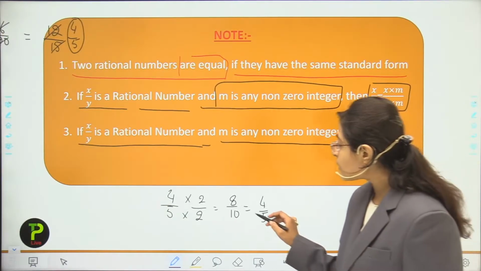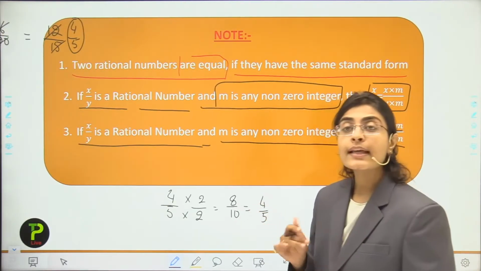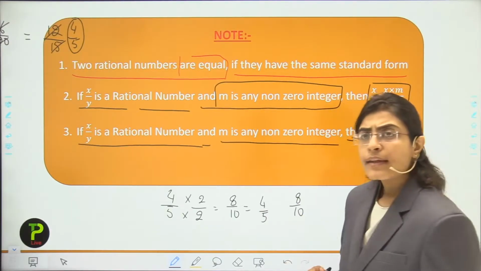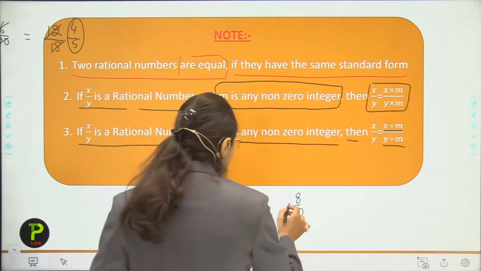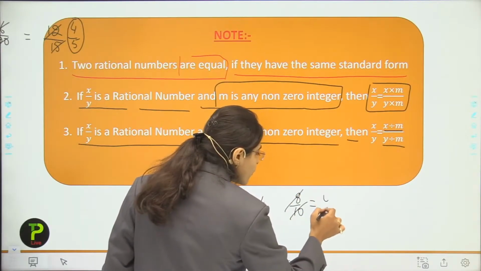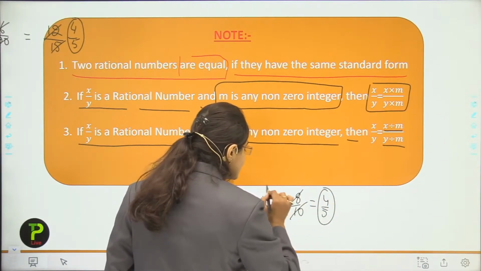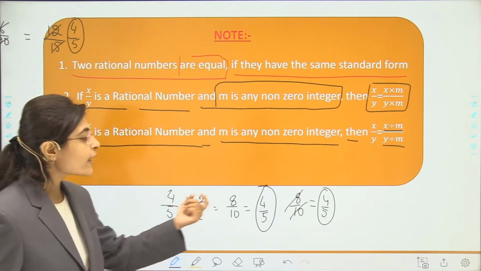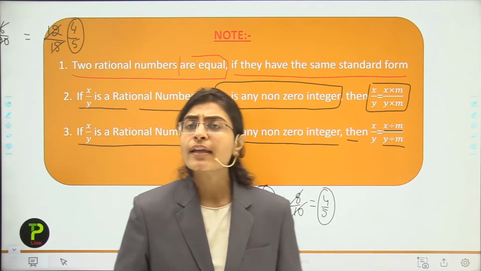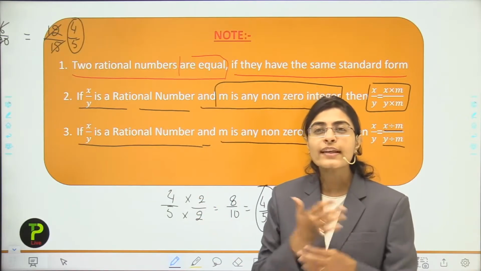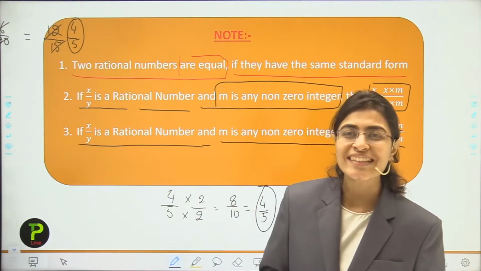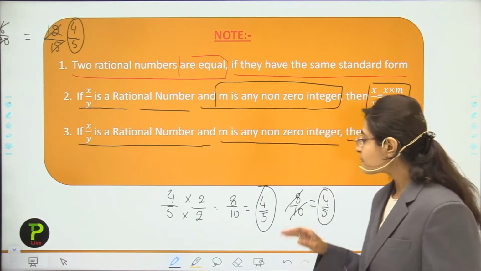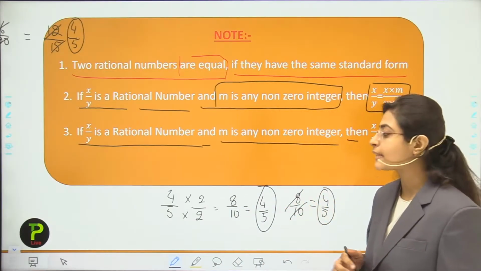Let us see how. For example, 8 by 10, let us divide it. They come in the table of 2. When I cut it further, it will give me 4 by 5 only. So the standard form of 4 by 5 and 8 by 10 is the same. And in the first point we studied that if the standard forms of two rational numbers are the same, that means they are equal. I hope this point is clear to you.